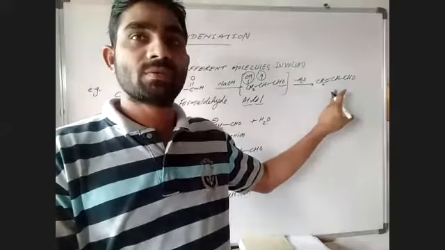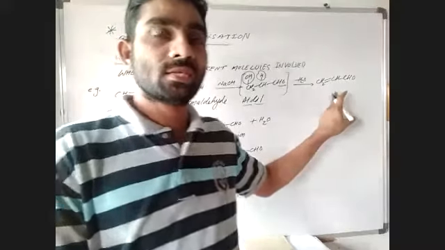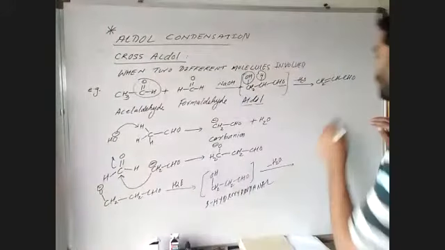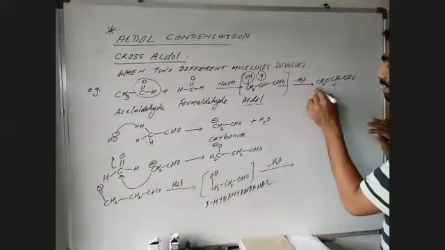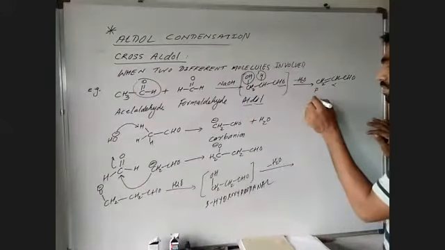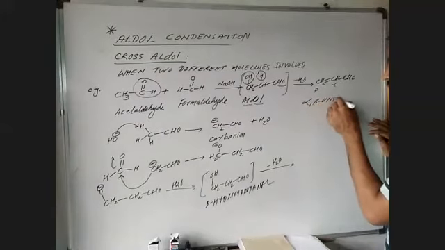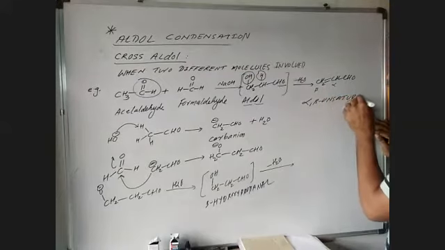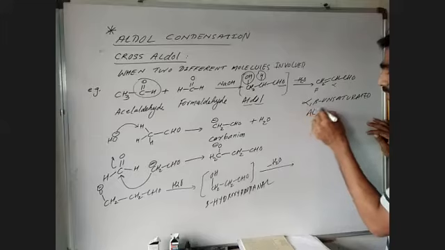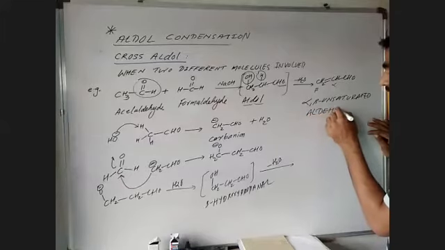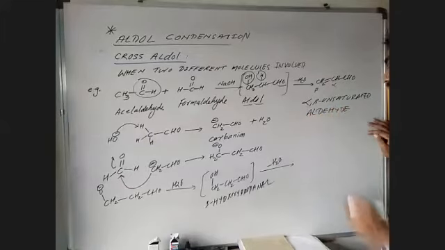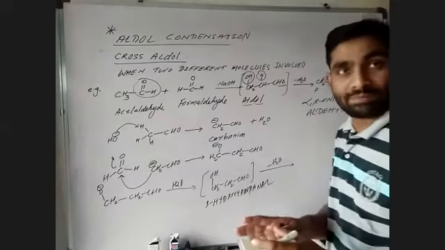You see this one? Fine? Yes. So this is the alpha carbon, this is the beta carbon. So what is the name of this compound? Alpha beta unsaturated aldehyde. Alpha beta unsaturated aldehyde is the general common name.